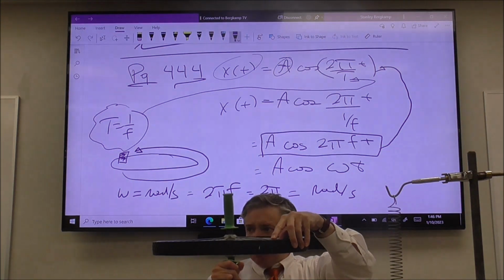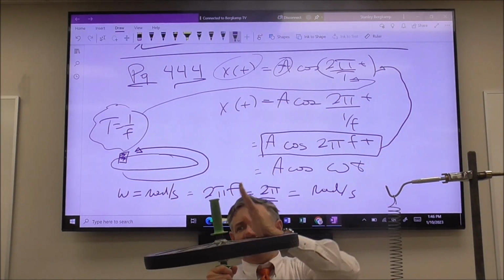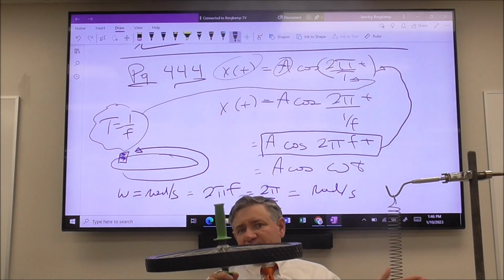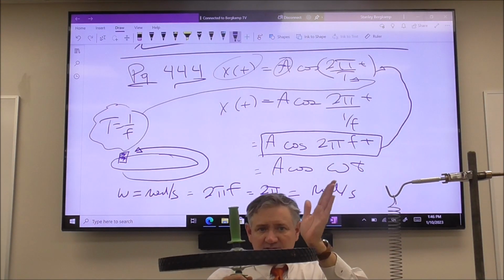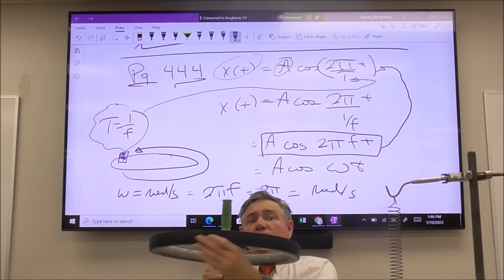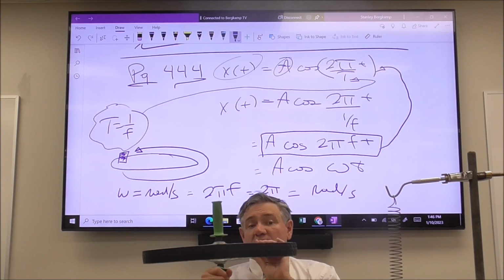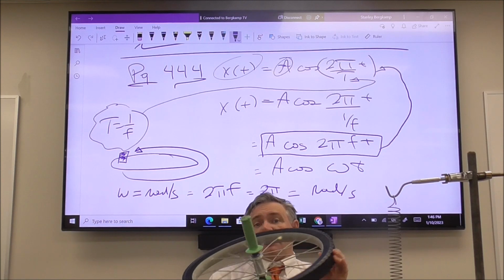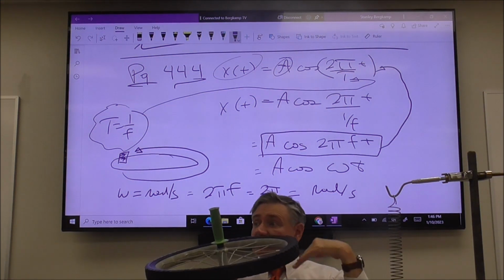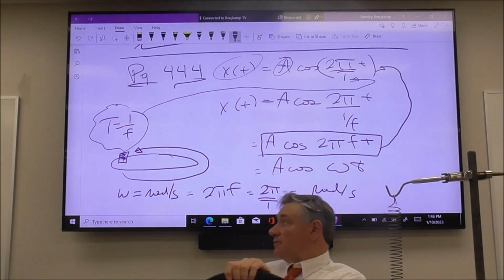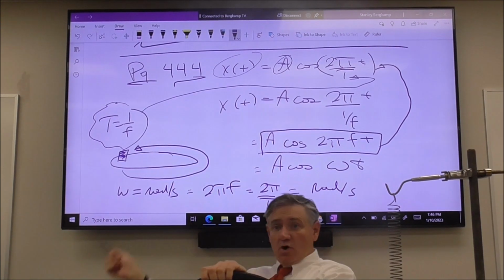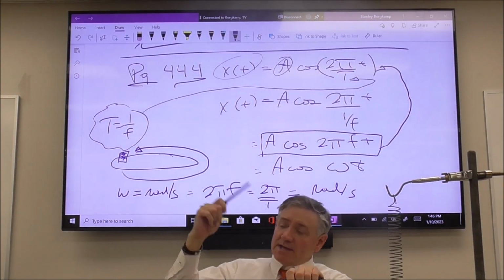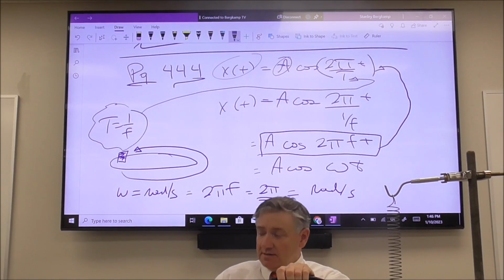You're going to see that beaker go back and forth if that's all you can see. You can't tell if it goes here, here, and back, or if it just goes all the way around, if all you can see is that motion. So when you look at this omega, remember omega is radians per second.